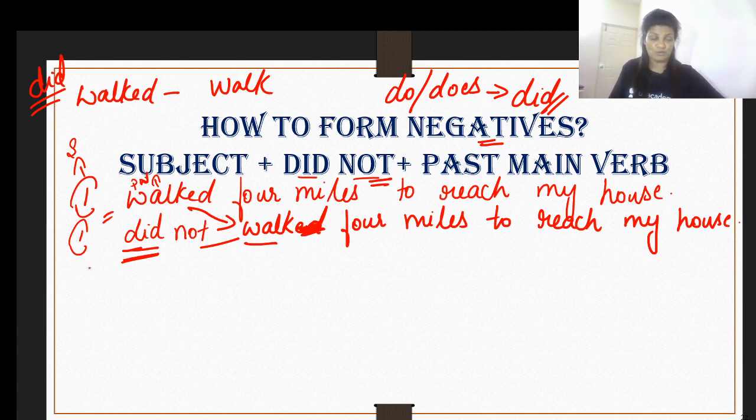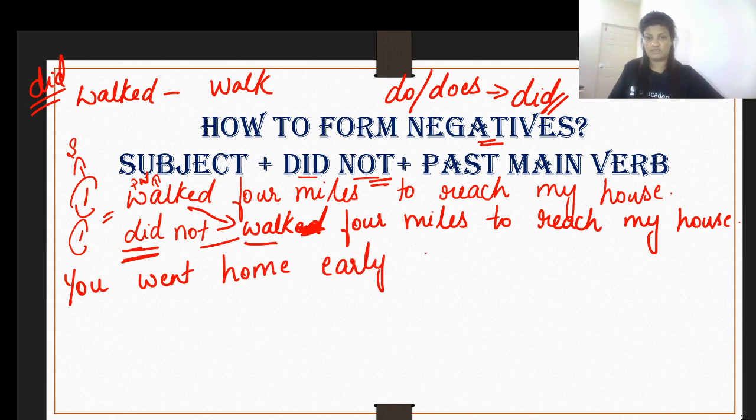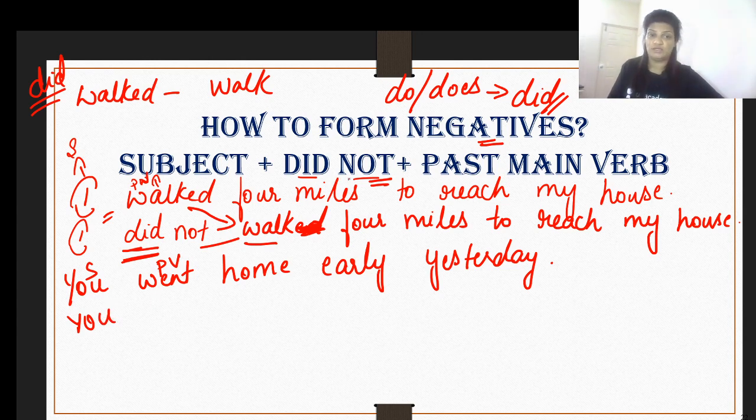Next is the statement which I gave you earlier: you went home early yesterday. Now this is your subject and this is your past verb. Now you will have to convert this into your negative statement. Like I told you earlier, you will bring in did not.